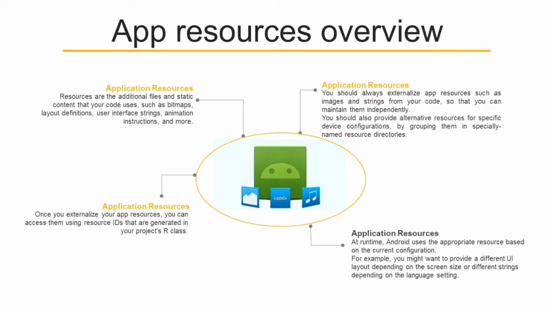Once you externalize your app resources, you can access them using resource IDs that are generated in your project's R class. Remember, in setContentView, we write R.layout.activity_main. So for all application resources, a separate ID is created, and based on the type of resource, you can access it through its ID.